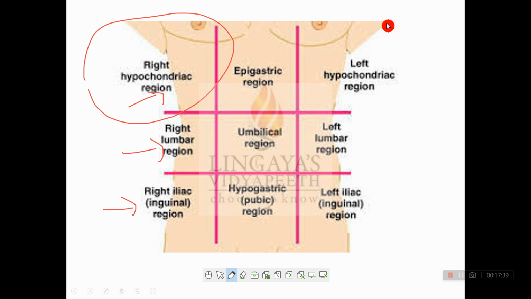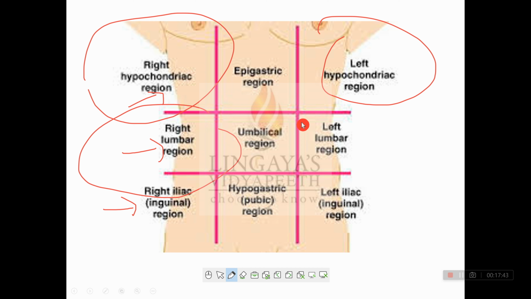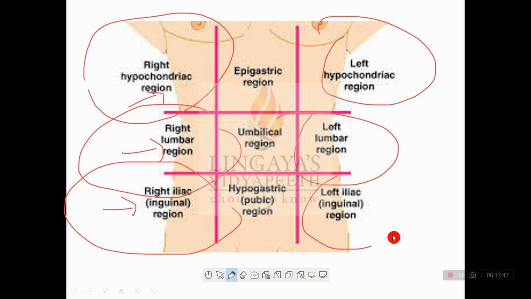Right hypochondriac region, left hypochondriac region, right lumbar region, left lumbar region, right iliac region, left iliac region. The middle one is called the umbilical region. The region above the umbilical region is the epigastric region, and lower or inferior to the umbilical region is the hypogastric or pubic region.